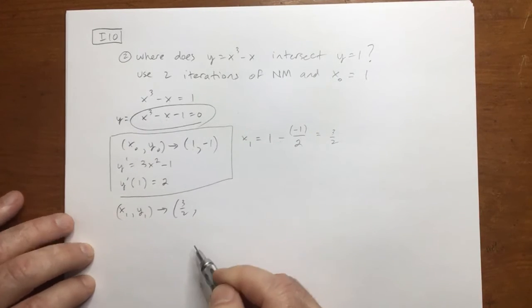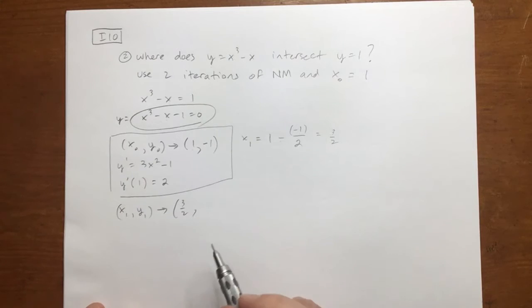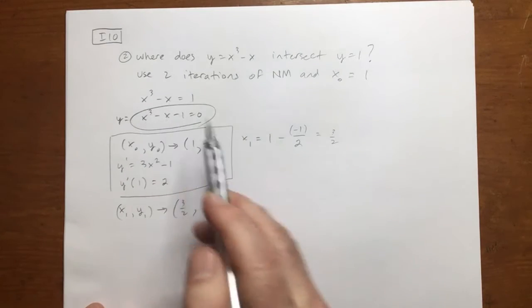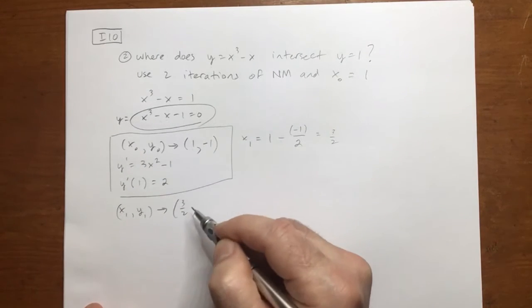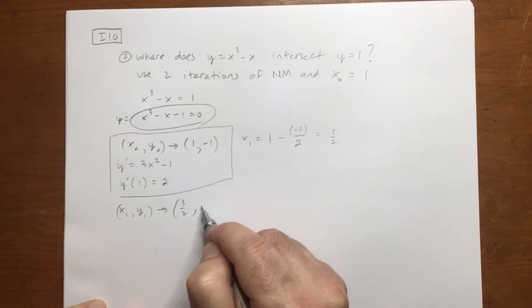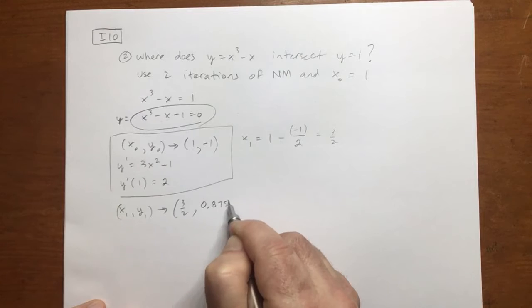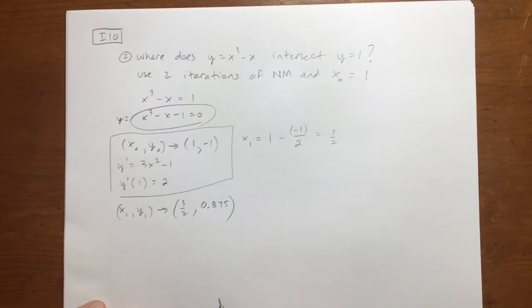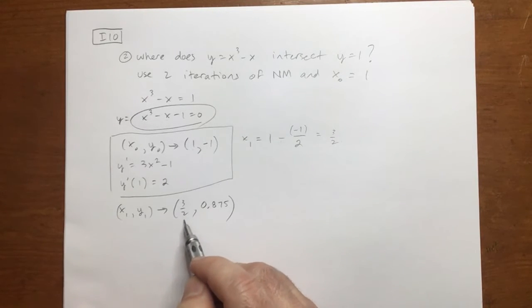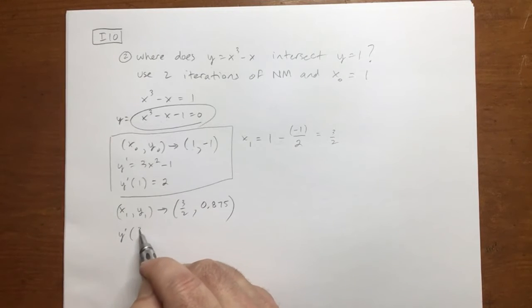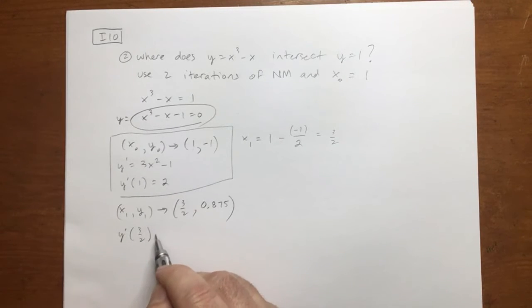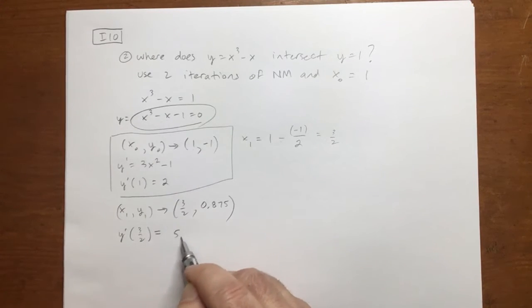3 halves, comma. Okay, and then, of course, you have to do a little bit of work here. I did it already. You guys know how to do that. The y value I came up with, I put in decimal form. And then we need to find the slope at this x value. So y prime of 3 halves. And I did that too. Don't forget, you just plug it in right there.